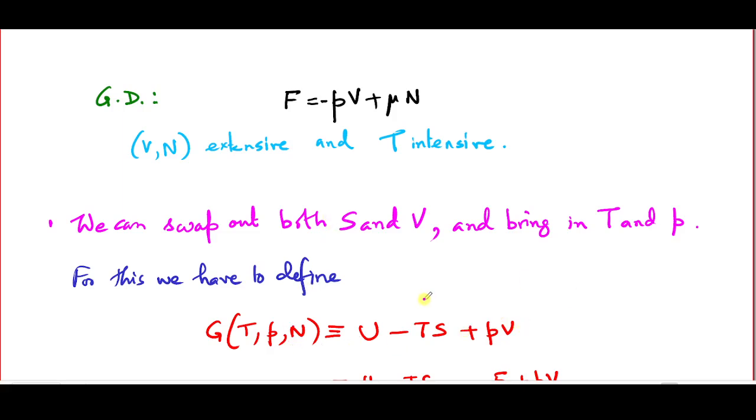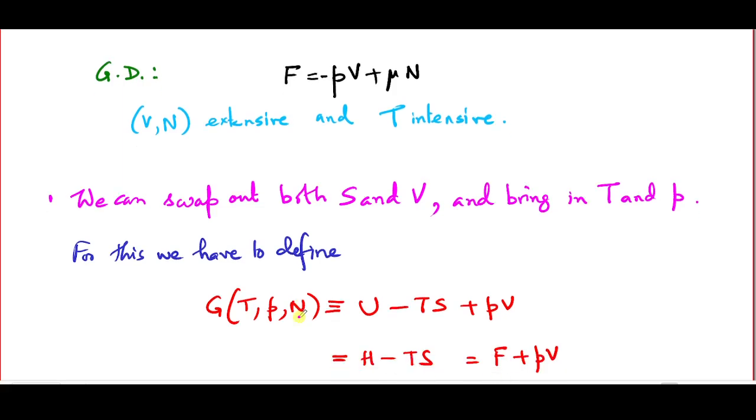Now when you do both of these, subtract Ts and add PV, you end up with a new thermodynamic potential which has complete information about the system, provided you express it as functions of temperature, pressure and number of moles. Now, among the arguments of G, only N is extensive, the rest are all intensive.